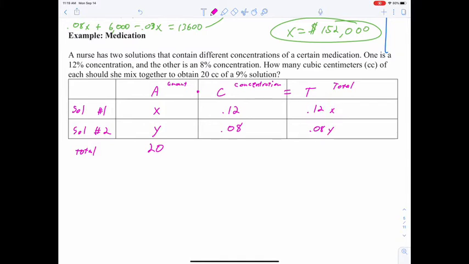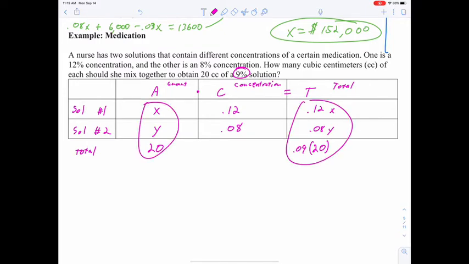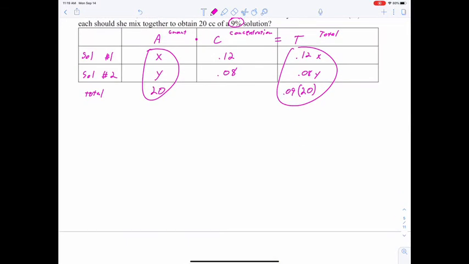So we have to be consistent. For the total at the bottom, it's going to be amount, 20, times the new concentration, read the problem, of 0.09. Okay, you see that? Because they want to mix them together to get a 0.09 solution.